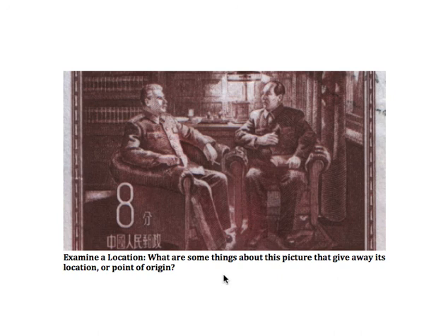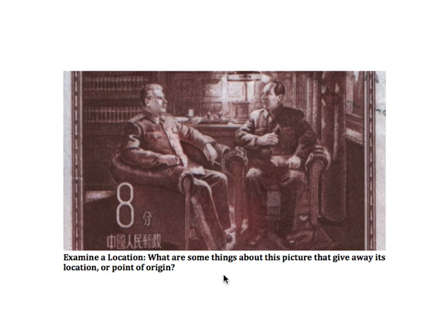And oftentimes Mao would go to Stalin to get an idea on how to make communist China as great as the USSR as far as communism goes. So this stamp probably illustrates one of those meetings. So we know that it takes place somewhere in the 20th century. It's probably somewhere in the middle of the 20th century, as opposed to the end of Mao's life. So let's keep that in mind as well.